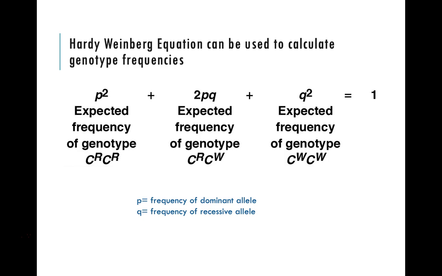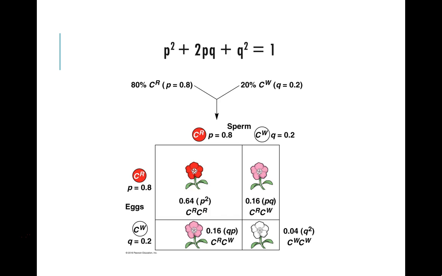So our p squared is equal to one of the homozygous genotypes. 2pq is the expected heterozygous frequency, so the genotype frequency of the heterozygote, and q squared is the expected genotype frequency for the other homozygote. Now this is all equal to 1. Everything is going to have to add up to 1, and that's important. We can use that information in just a little bit.